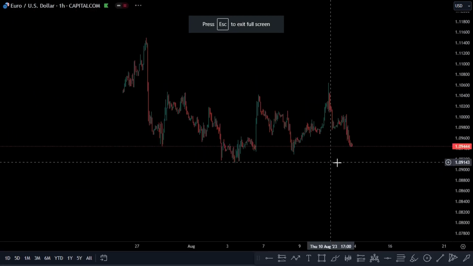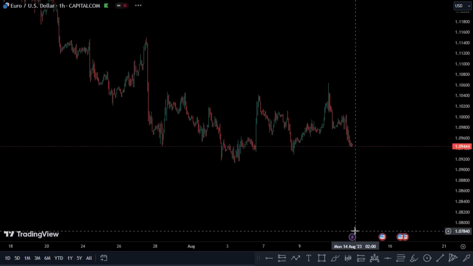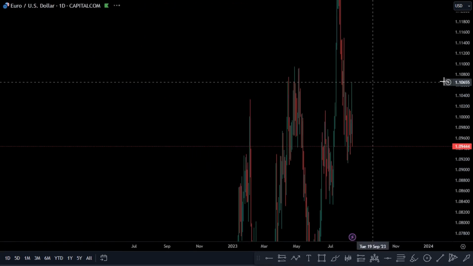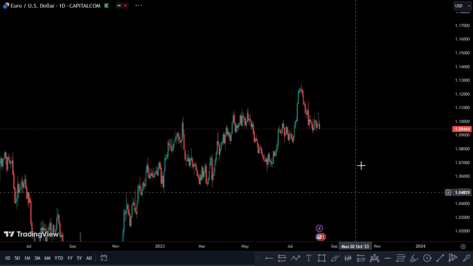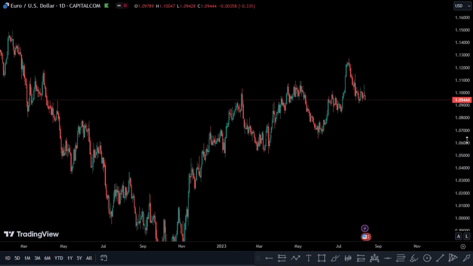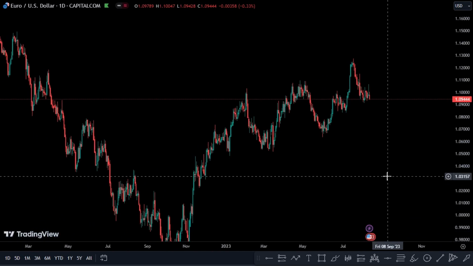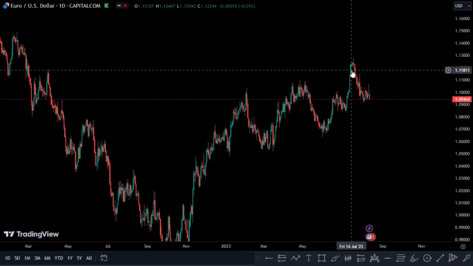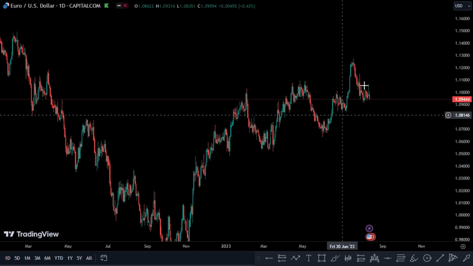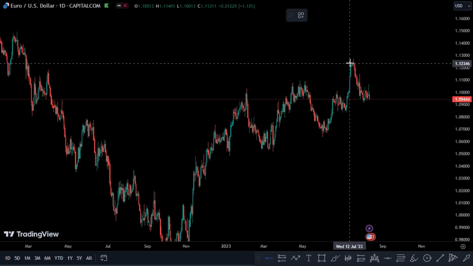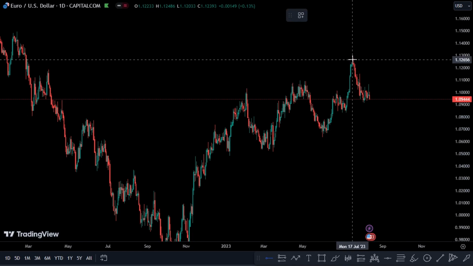Then we're going to be doing the very same thing here as well. We start on a higher time frame, which is our daily time frame, and then we get the perspective of the market. Just as I was saying that we use DXY for the inverse correlation, you can see that on DXY it was going to the bottom, and then on EU it is pushing up, and we have quite a similar structure, but in an inverse structure or format.